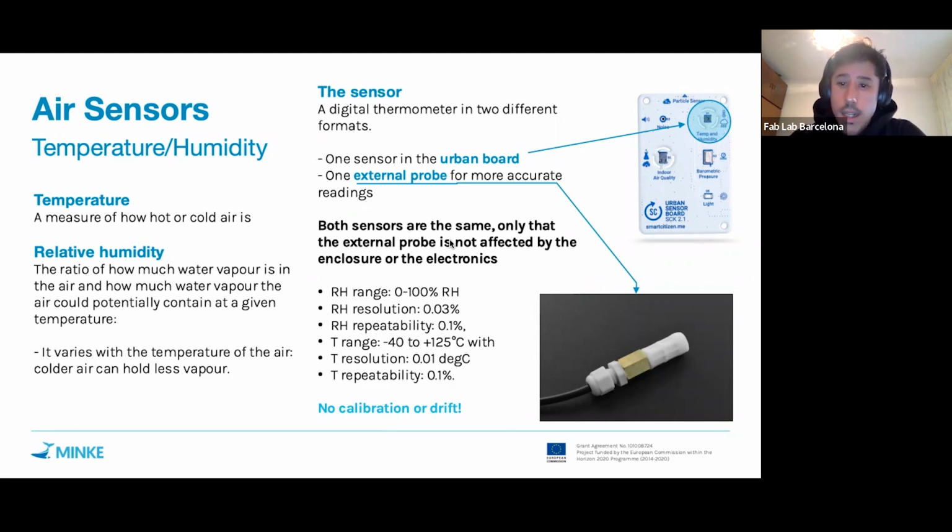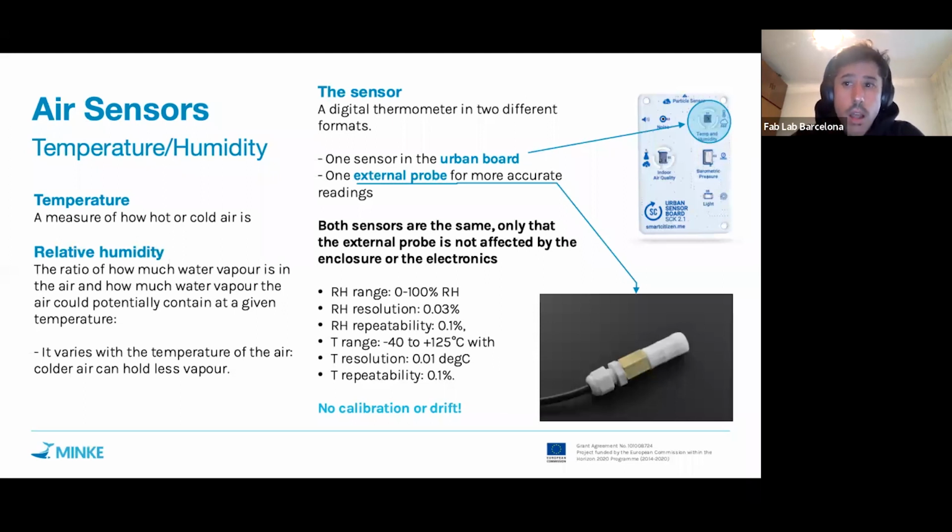Both sensors are exactly the same. The probe contains something very similar to that other sensor in the urban board. However, the package is different. And this is very important because the urban board, of course, is contained in the enclosure. The sensor is affected by the electronics heat and the thermal inertia that the enclosure and the device gets over time.